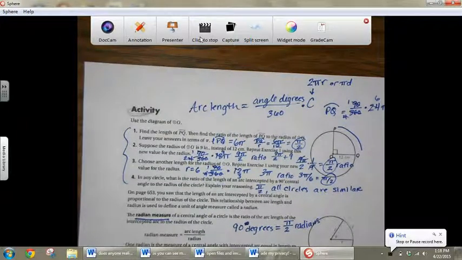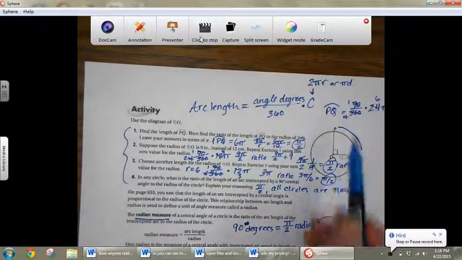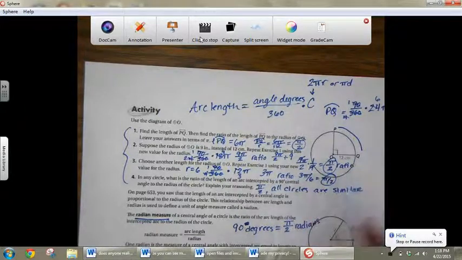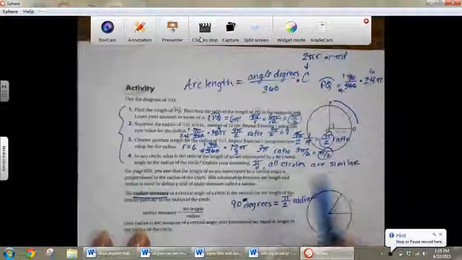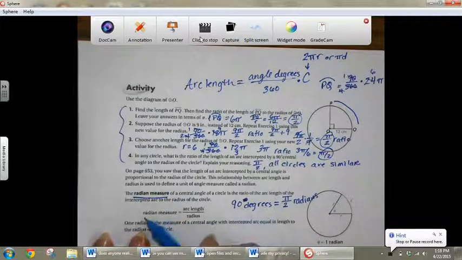Alright, so basically what that ends up meaning is that we can find not only the ratio for 90 degrees, we can find the ratio for anything. So because we can keep finding the ratio for any degree, we actually call it something, and we call it the radian measure. I'll continue the rest of it in another video.